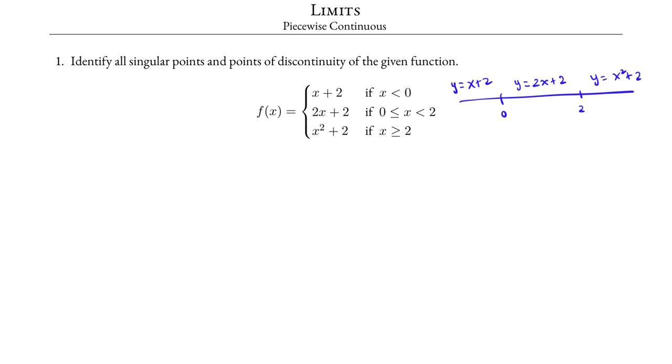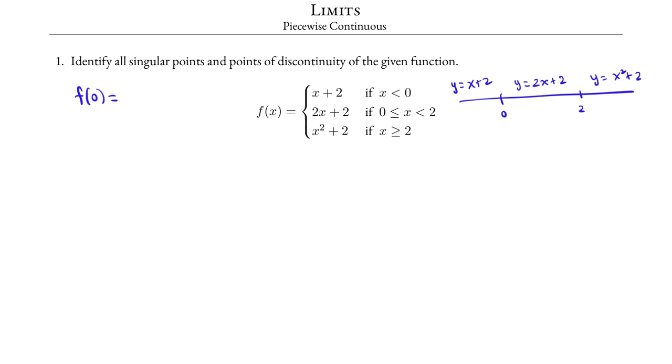To identify the singular points and points of discontinuity, we first evaluate the function at each of the breakpoints. We see that for f of 0, the first breakpoint, the formula that is defined at x equals 0 is 2x plus 2 with the equal sign here.